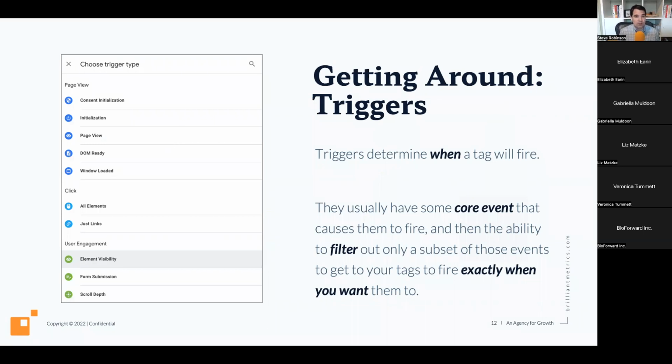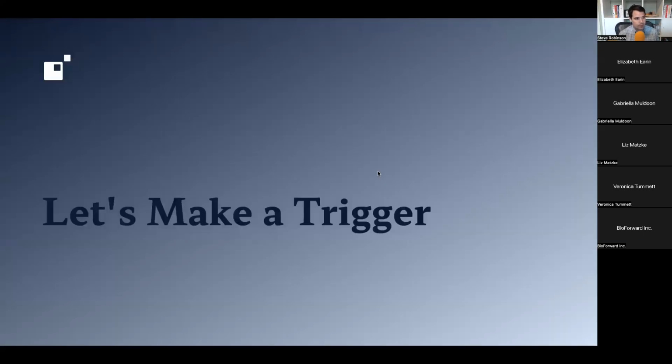We can select one of those core events, and then we can add further filters or definitions about when that event fires, we want to fire a tag. So let's go do that. Let's go make a trigger.